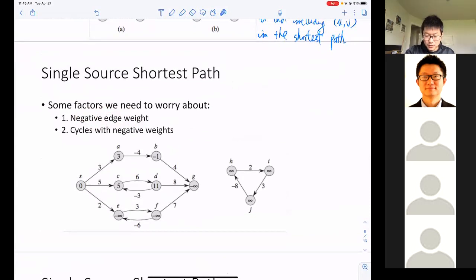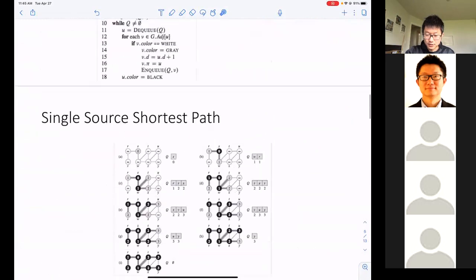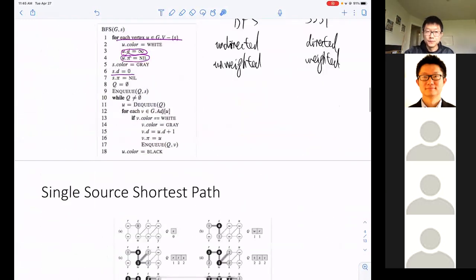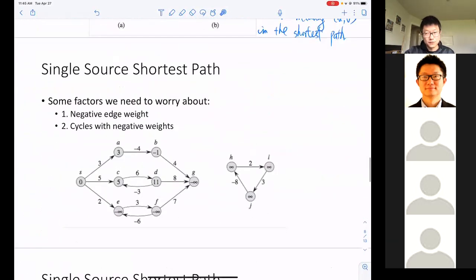Okay, so previously we were talking about the travel time, so how much time you are going to spend on a road. If you want to travel from place A to place B, and I say it's going to take you negative 0.5 hours, you must say, are you crazy?